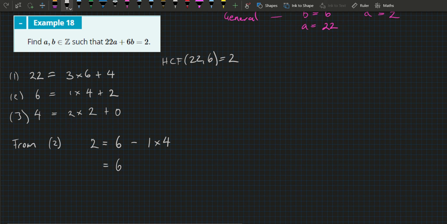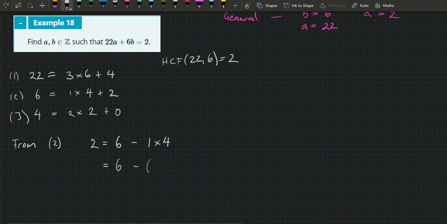I can rearrange 4 is equal to 22 minus 3 times 6.